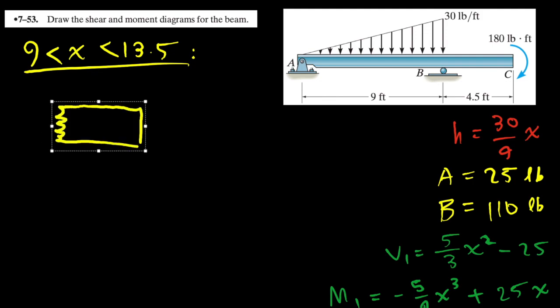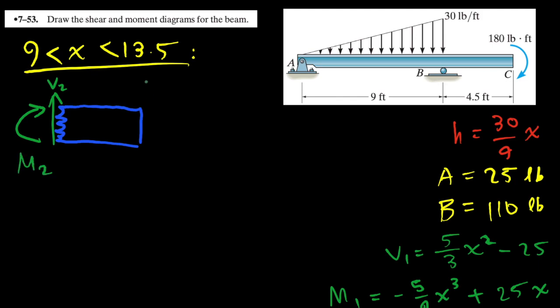So let's draw the forces on this, using the green color to show our forces. This is our V2, our shear force number 2, and this is our second moment, M2. This is our y-axis, and this is our L minus x.